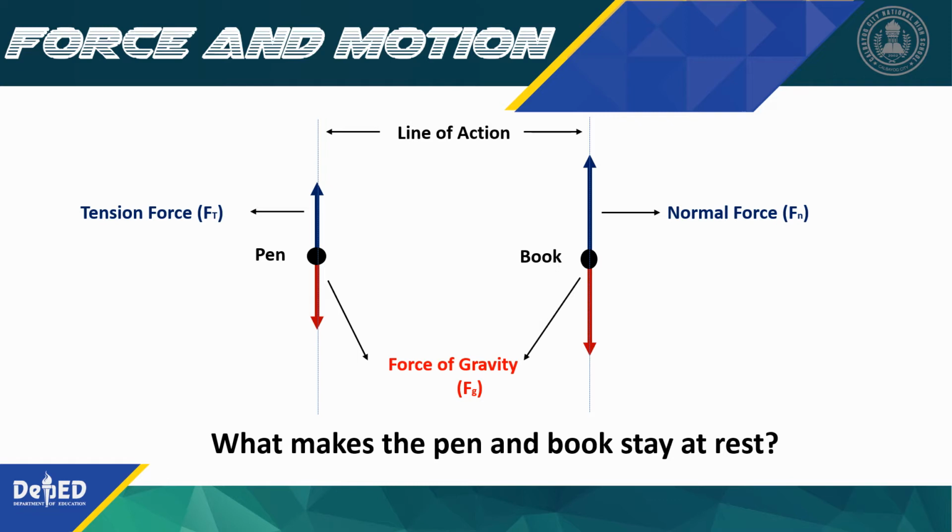Are the arrows of the pen and the book equal? Yes. Since they are equal, are they balanced? Yes. And since they are balanced, do you think this is an example of the balanced force? Yes.